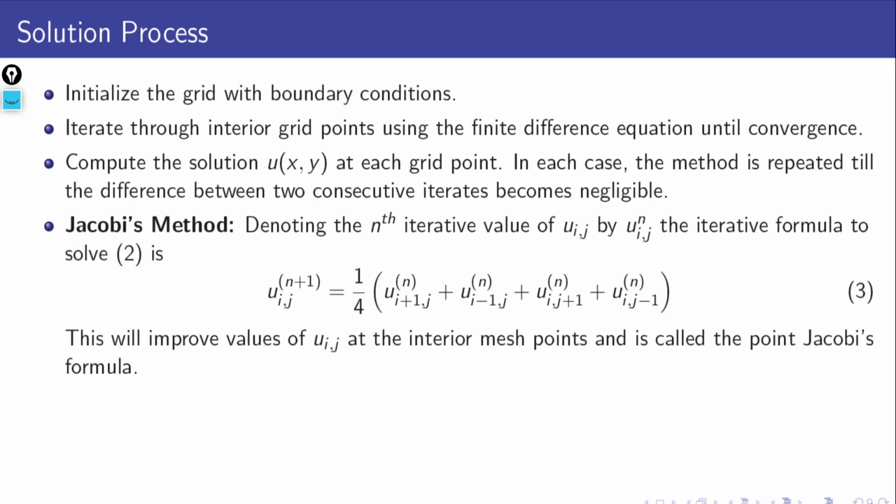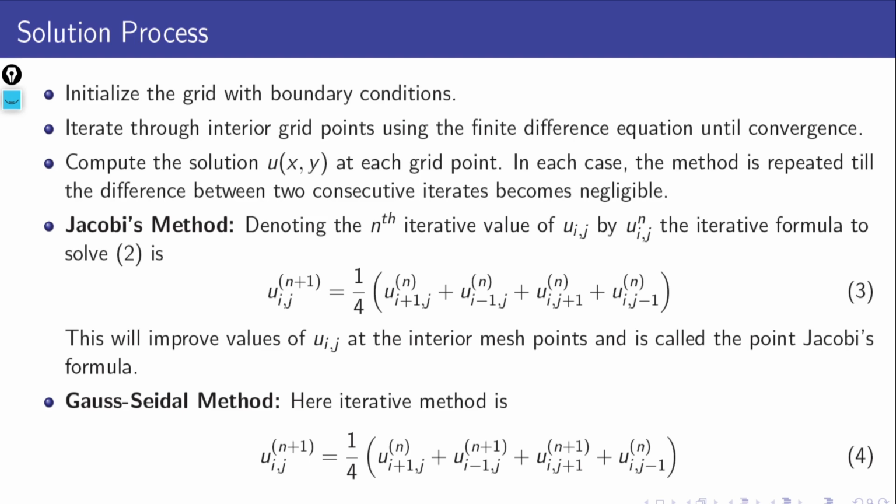The Jacobi method is also very helpful to improve these values. Denoting the nth iterate of uij by uij^(n), the iterative formula is reduced to equation number 3. This will improve the values of uij at the interior mesh points and is called the point Jacobi's formula.